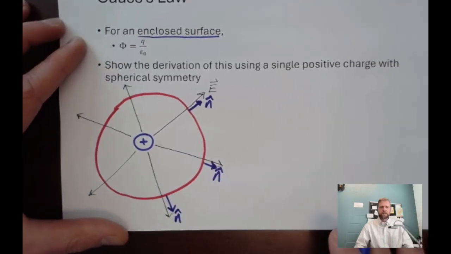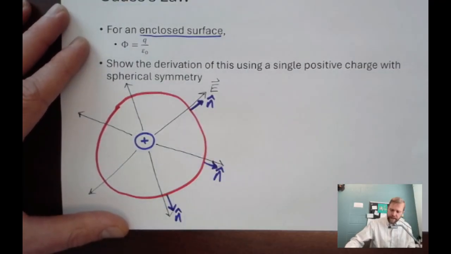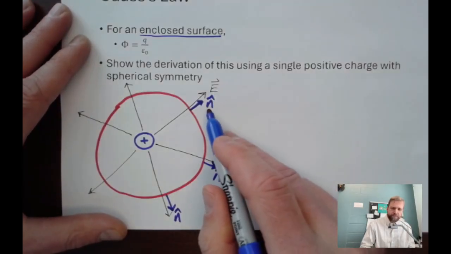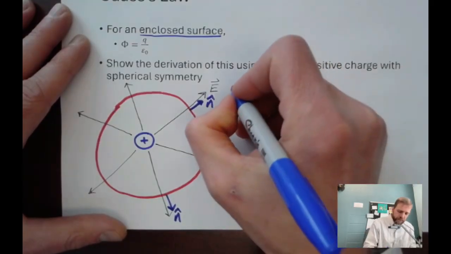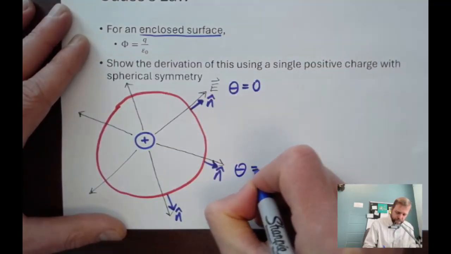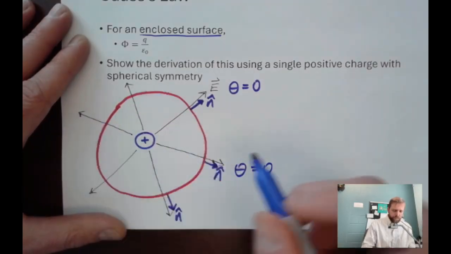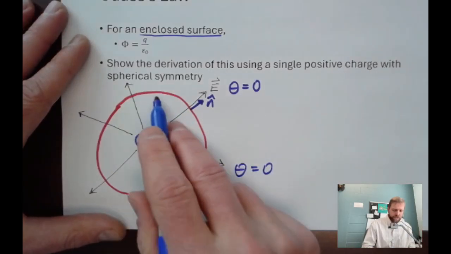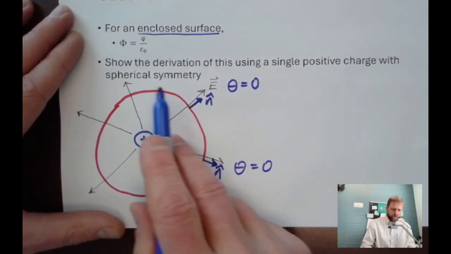Hopefully you can see that the angle between the electric field and the area vector at each one of these places, all along this surface, is going to be 0. So theta is 0 here, theta is 0 here, theta is 0 all over this surface. And the reason for that is because we chose a sphere and the electric field has spherical symmetry around it.